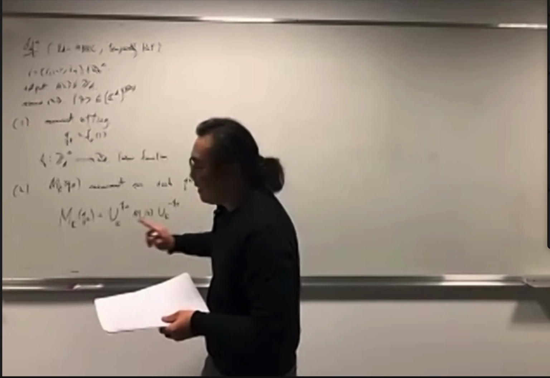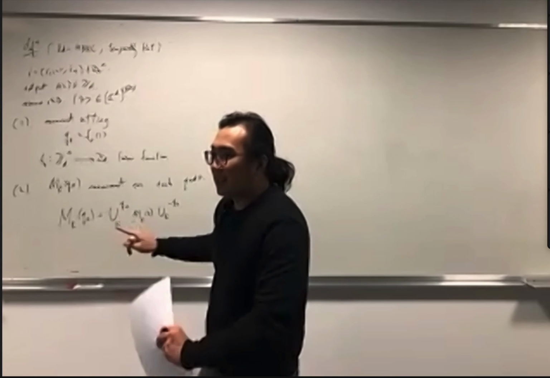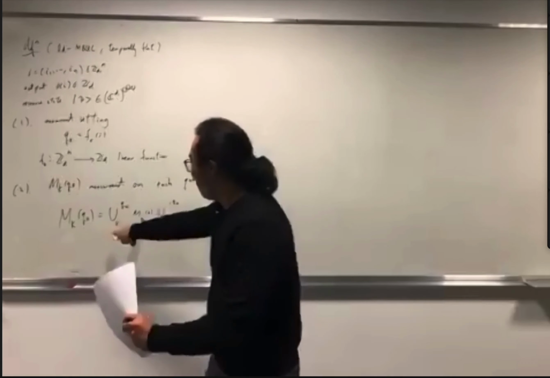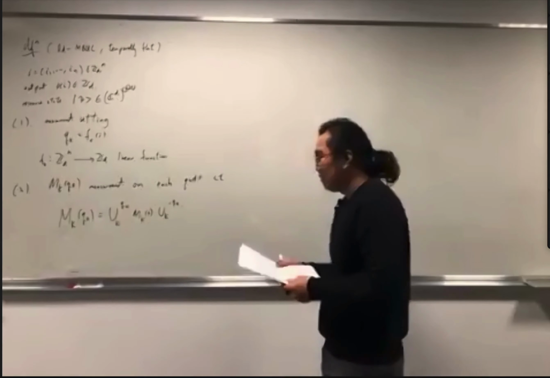And in practice, normally we'll think of the Clifford group, which I will explain later, but basically they are all related by a unitary matrix in this sense.